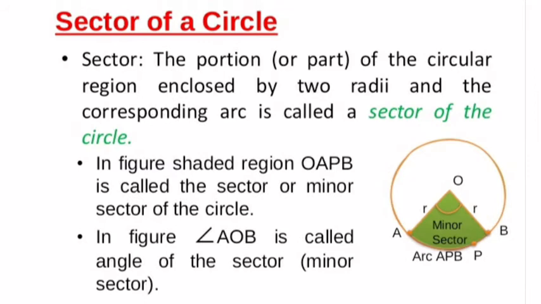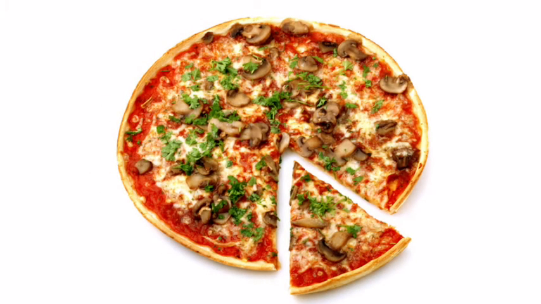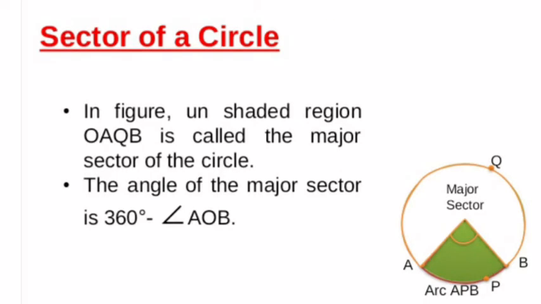In the figure, the shaded region OAPB is called the sector or minor sector of the circle, and angle AOB is called the angle of the sector. This is an example of a minor sector. But in the figure, the unshaded region OAQB is called the major sector of the circle. Then how to find the angle of the major sector? You just subtract from 360 degrees.